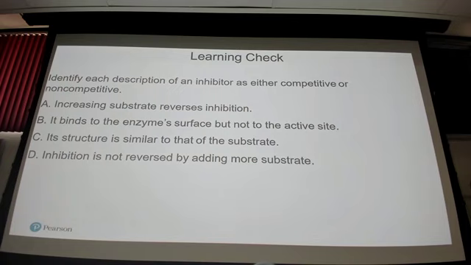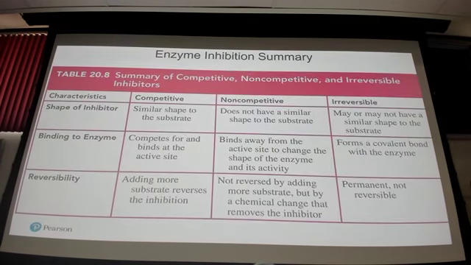Competitive. And inhibition is not reversed by adding more substrate. Does that make sense? Any questions? Okay. And here's just a little table giving the summary of differences between competitive, non-competitive, and irreversible inhibition that we talked about.